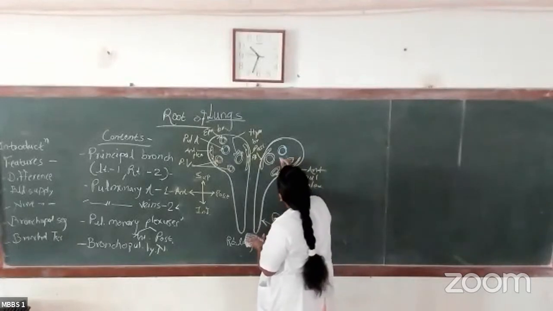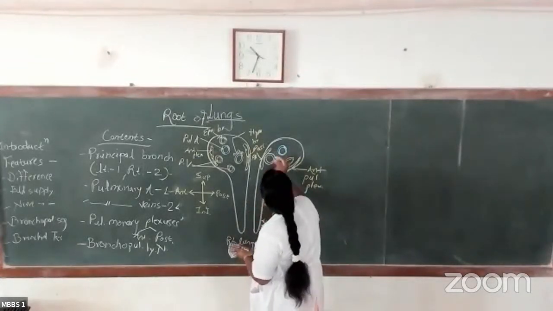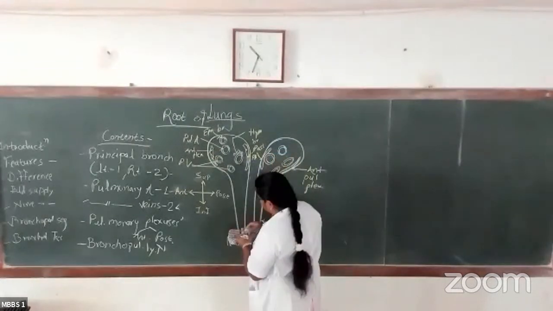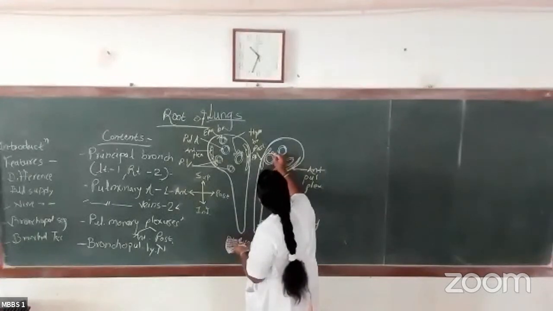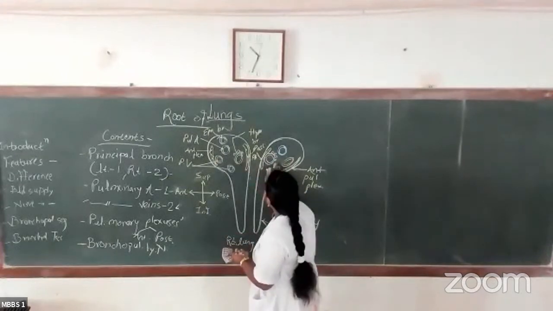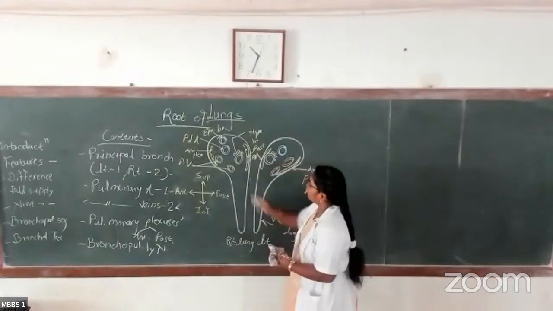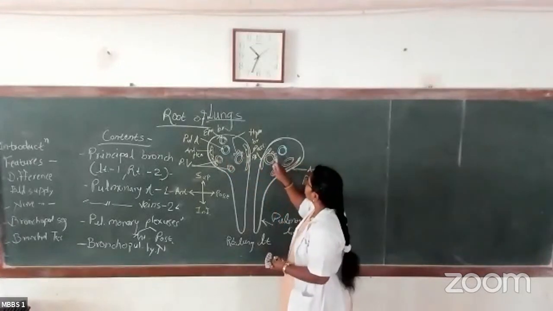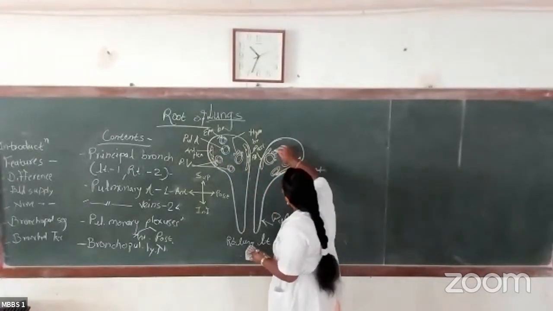In case of left lung, there are two bronchial arteries, two bronchial veins. Two bronchial veins are present on both the sides, but on right side there is one bronchial artery. On the left side there are two arteries.